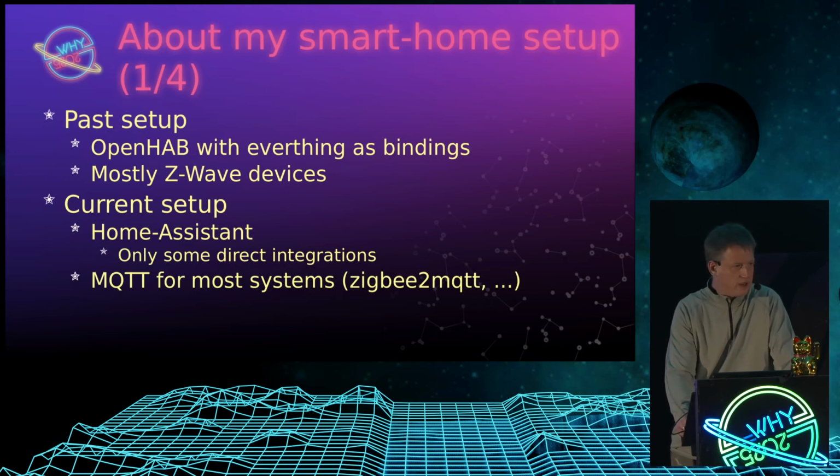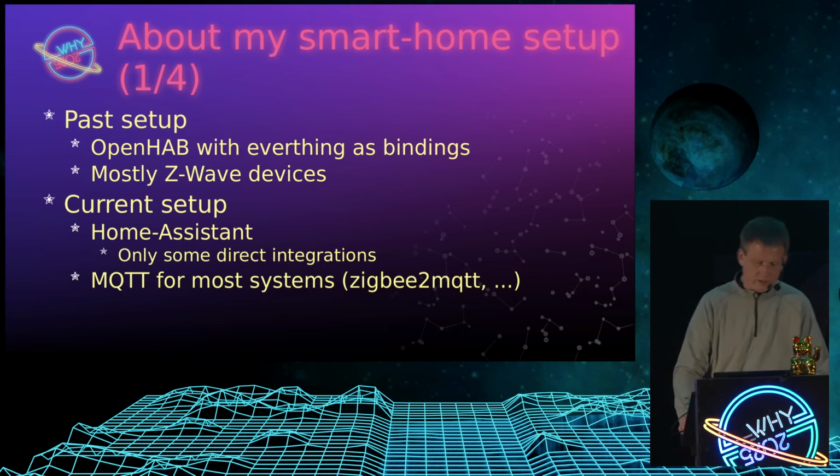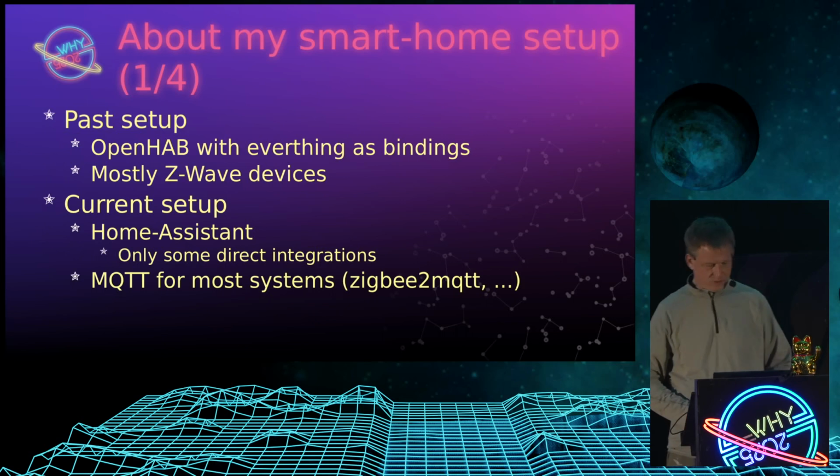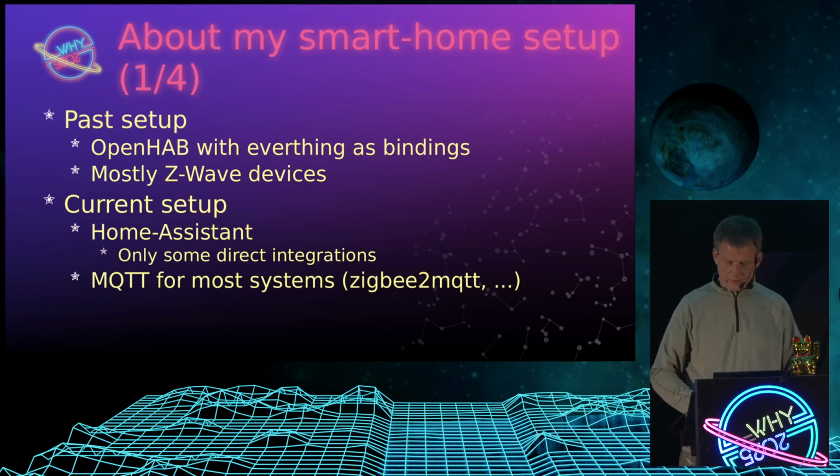Some things I still have directly integrated. Most of the stuff, and almost everything that I talk about today, I have connected through MQTT. Oh yeah, and I switched to Zigbee, but that's not of any relevance right now.